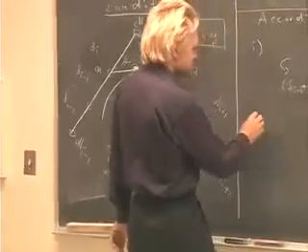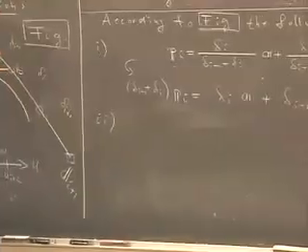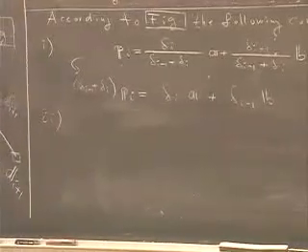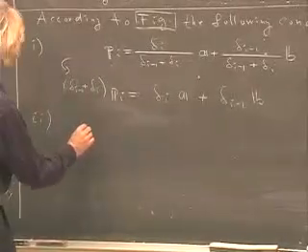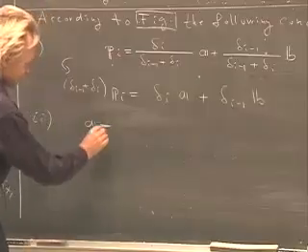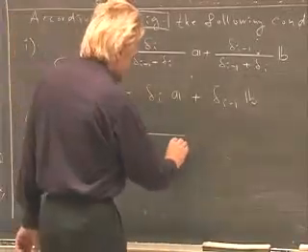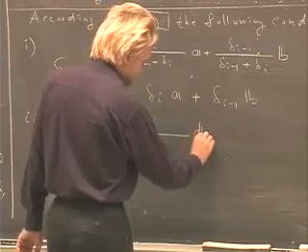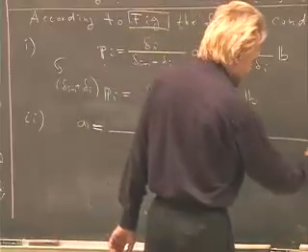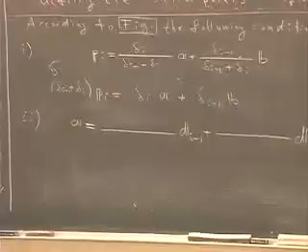So 2. I write down an expression for A. What is A? A is a combination of d i minus 1 plus something times d i. What goes in front of those?